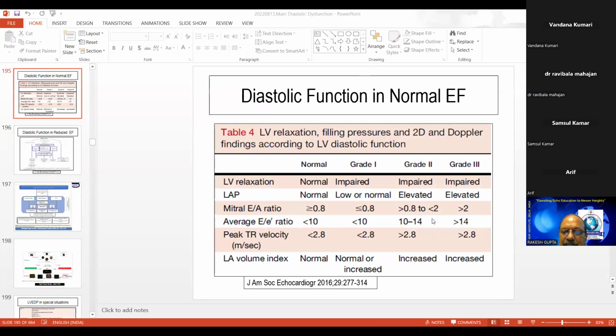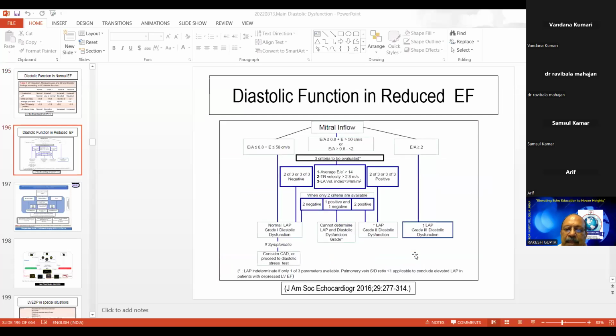If my LA pressure belongs to this category, then it's increased, or we say normal grade 2 diastolic dysfunction and increased LA volume index. But if it's a reduced ejection fraction, in that case we say grade 1. If everything is normal for reduced ejection fraction, we always call it grade 1 diastolic dysfunction with normal LA pressures.